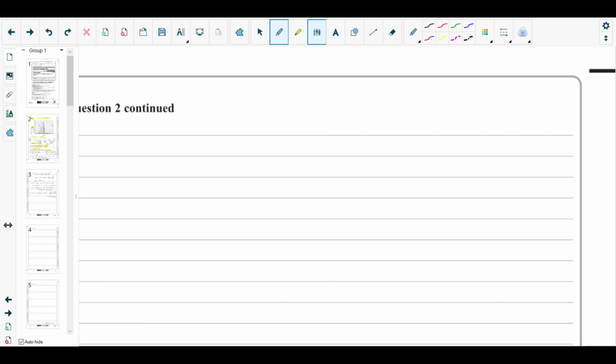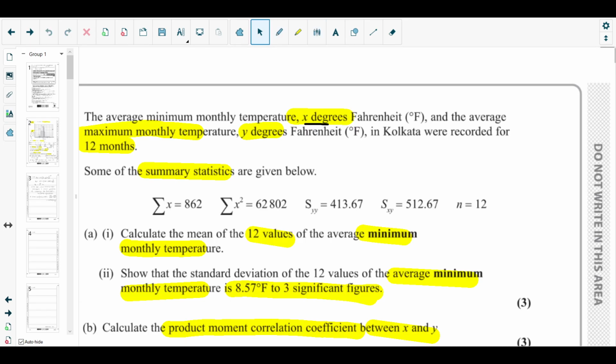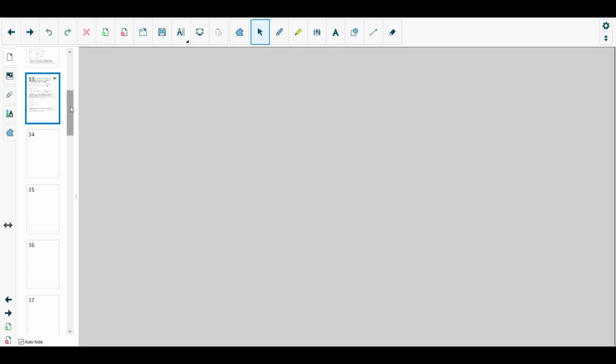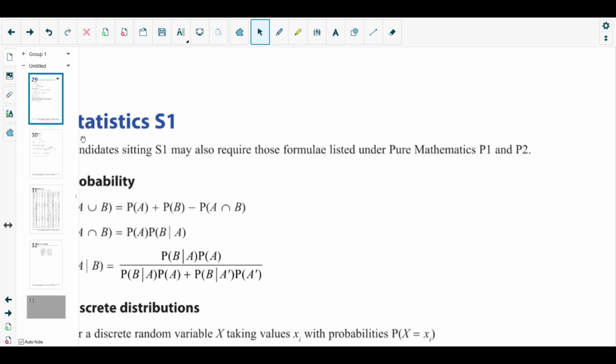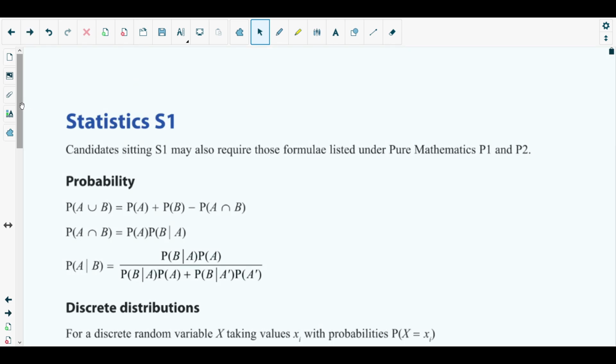So let's see the formula for PMCC, the product moment correlation coefficient. You can find it in the S1 statistics part of the formula booklet.